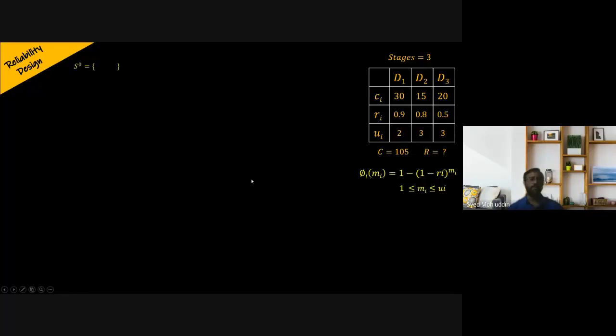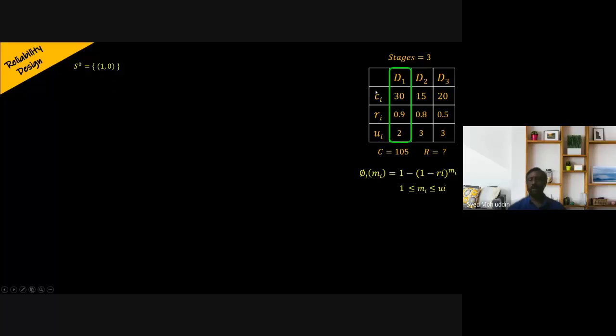So first thing is we will use a set S0, same as we have seen in the knapsack problem, which will have the tuple 1, 0. That's the initial. Here 1 represents the reliability and 0 represents the cost.